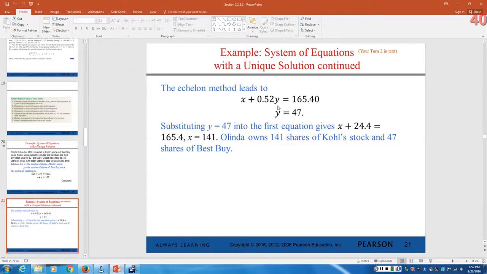So since you know y is equal to 47, you can find the 141 shares. This is called an echelon method because basically there's a 0 for the first term. If you had a system of equations with 3 variables in it, you would have 3 equations. The top one would have all 3 variables, the second one would have 2 variables, and the third one would have the value of the third variable when you got finished.